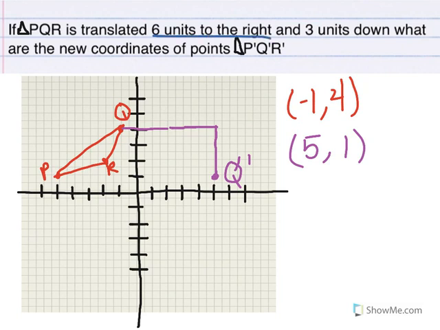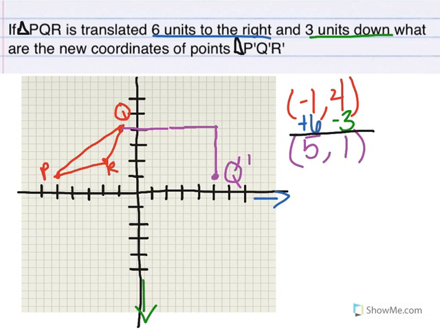When I'm moving to the right, I'm adding. So I added 6. And then 3 units down, when I move down on my coordinate plane, I'm going to the lower numbers, I'm going to the negative, so I'm subtracting 3. And -1 plus 6 equals 5. 4 minus 3 equals 1.